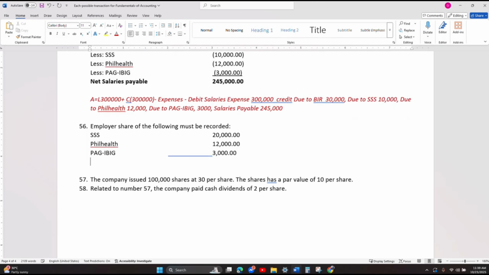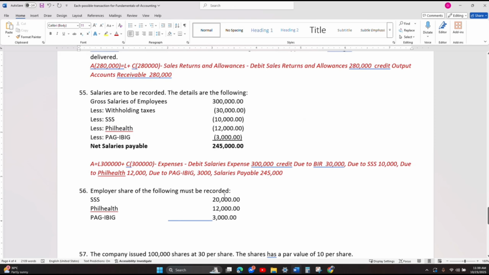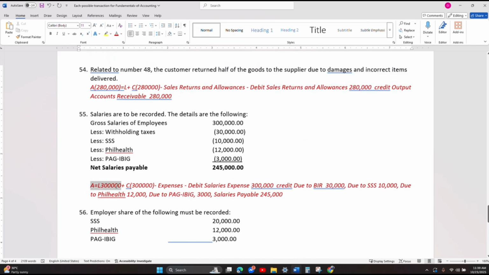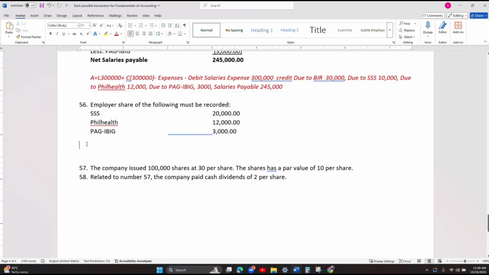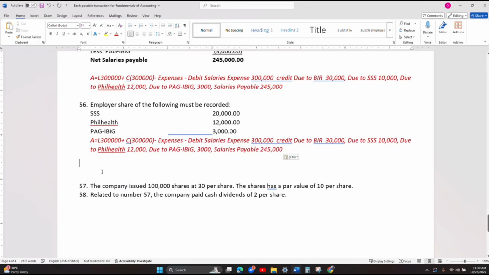So what will happen is that when you analyze this, you will have a somewhat similar analysis to this. Like, how much is this? 20 plus 12, it's 32, it's 35,000. 35,000 will be recognized as expenses, salaries expenses. And then the counterpart is the liabilities. So it's balanced still. Alright?